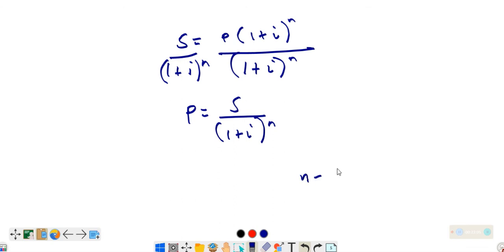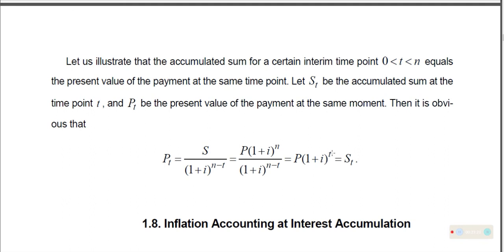So, N minus T. You will end up with N minus N plus T. So, meron ka ng 0 plus T. Positive na yung exponent T mo. Dito na siya sa taas, mapupunta. So, P times 1 plus I raised to the power of T is equal to S sub T.